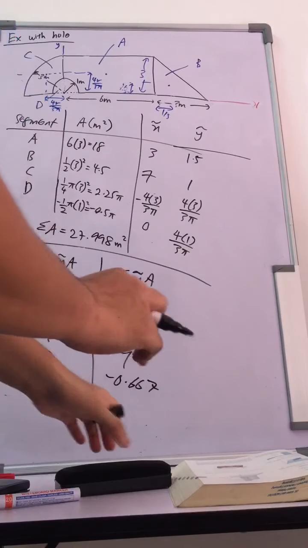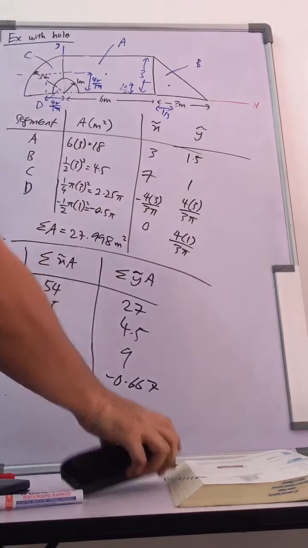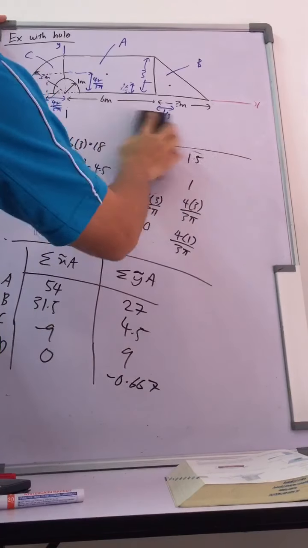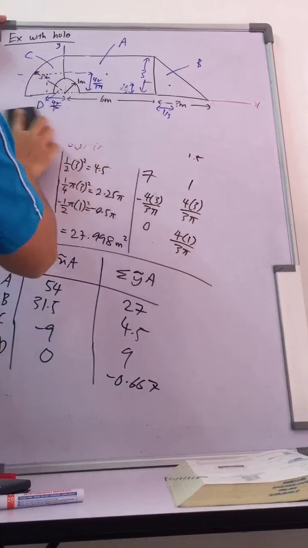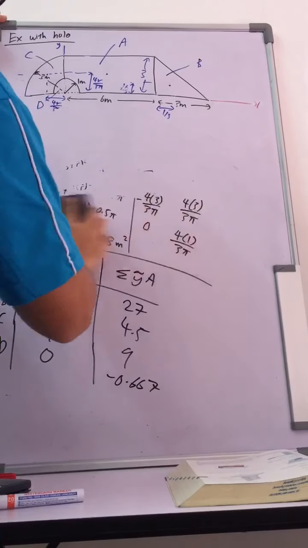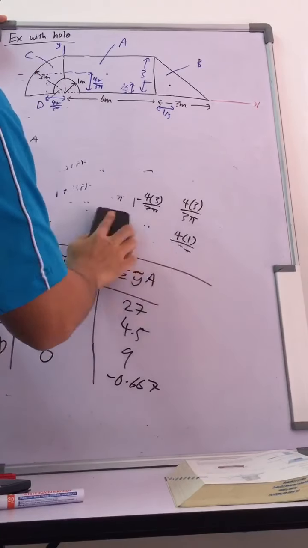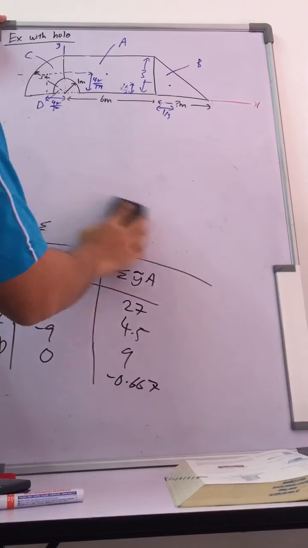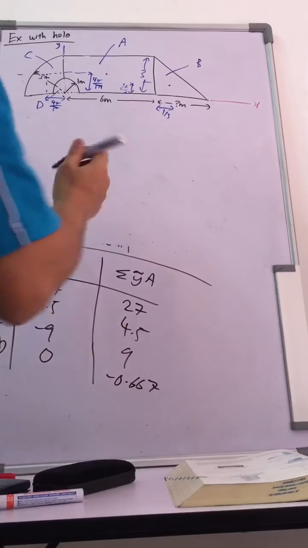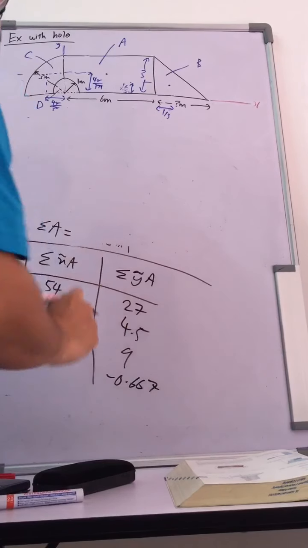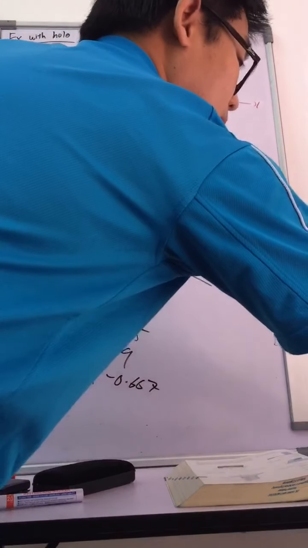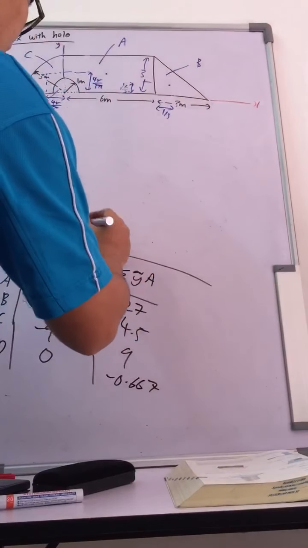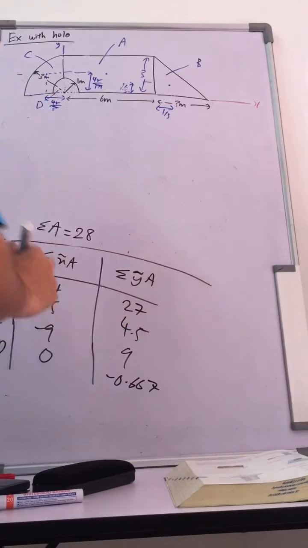So we can solve them now. I accidentally deleted the summation of A. What was the summation of A? It's around 28, isn't it? 27.998, so 28.